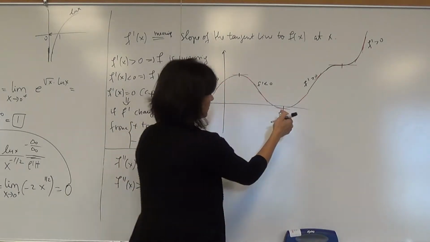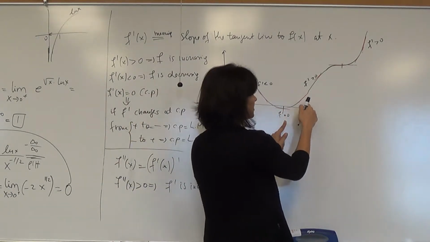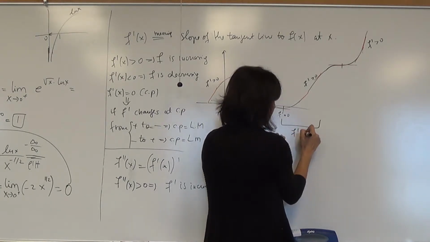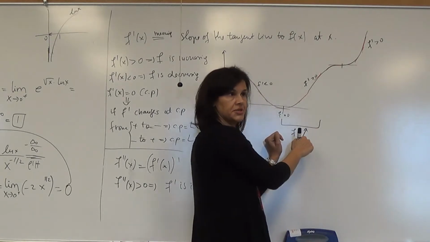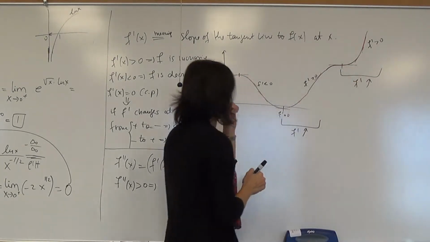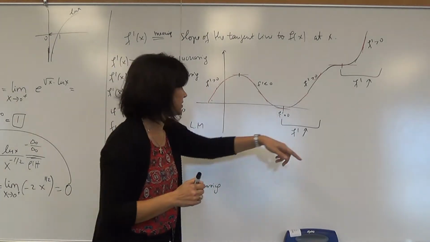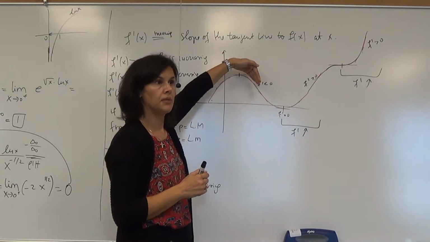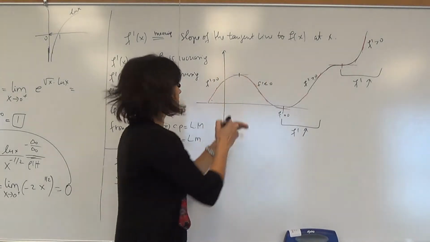In this part here, f prime is increasing. This is the sign for increasing. Let's find another case when f prime is not increasing. For example, this is 0, and then what happens with the slope? It's getting negative, so here is decreasing.